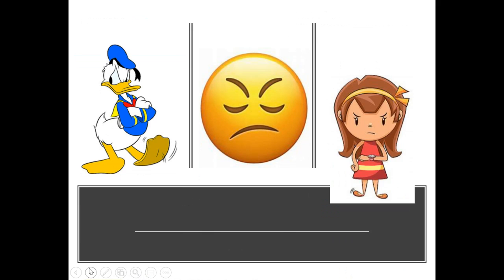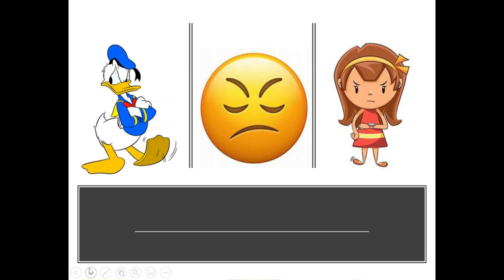Next group of pictures. What do you notice or see? I notice or I see. Well, in the first picture, I see Donald Duck. His body language is showing me that he is very annoyed or upset or maybe impatient.